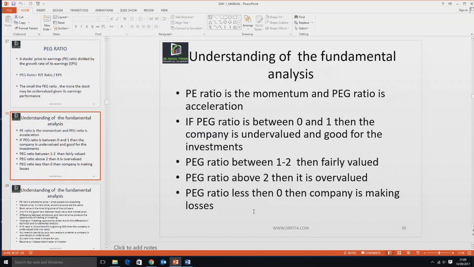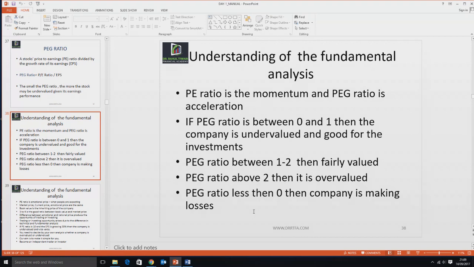So what is the PE ratio? The PE ratio is the momentum and the PEG ratio is the acceleration. If PEG is between 0 and 1, then the company is supposed to be undervalued and good for investment on the long side. If the PEG ratio is between 1 and 2, then it is fairly valued. If the PEG ratio is above 2, then the company is highly overvalued.